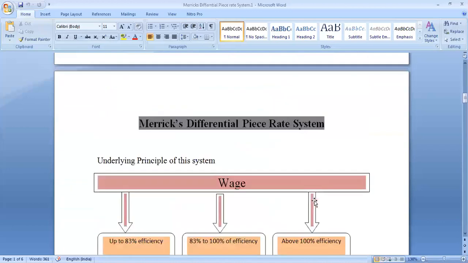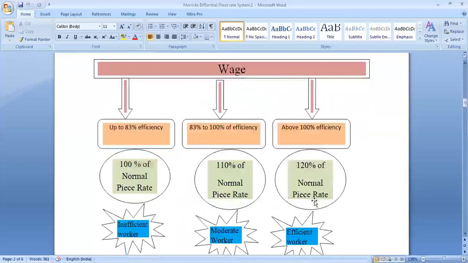Merrick says wage incentives will be given in three types. We categorize workers into three: inefficient worker, moderate worker, and efficient worker. A person producing below 83% efficiency is called an inefficient worker.